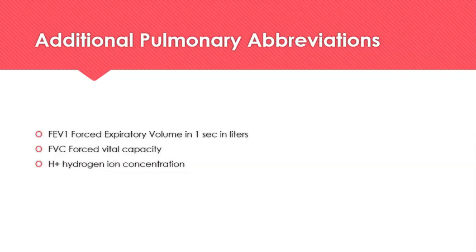FVC is forced vital capacity, the volume of air expired during a forced maximal expiration after a forced maximal inspiration. H plus means hydrogen ion concentration. There's also peak expiratory flow, PEF, the maximal flow of air during the beginning of a forced expiratory maneuver. So make sure you look at all of those additional abbreviations.